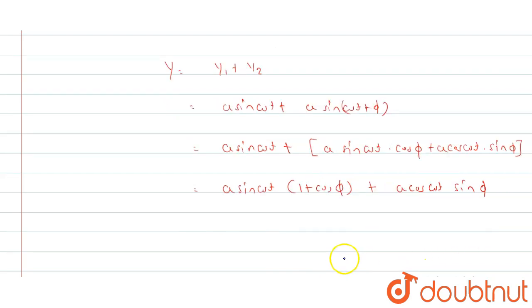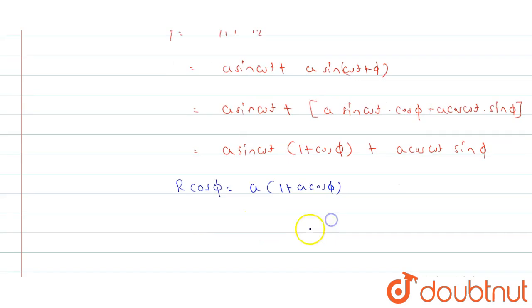Right. Now students, let us consider R as the resultant amplitude. Suppose R cos phi is equal to A into 1 plus cos phi, and R sine phi is equal to A sine of phi.